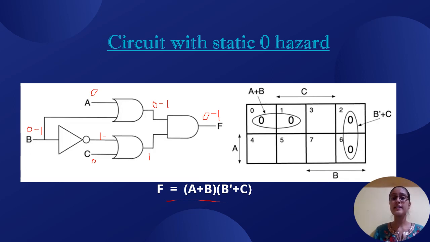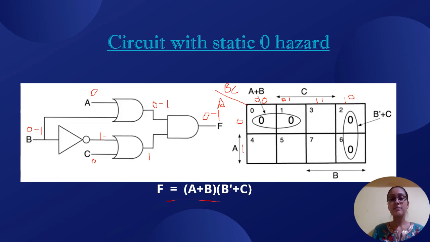This is just the K-map plotting of the represented circuit. I have just plotted this expression. This is A and this is B and C. Here the condition is 0 0. I think you should know the K-map representation and how to plot an expression in the K-map. Let me show this example once so it will be clear.